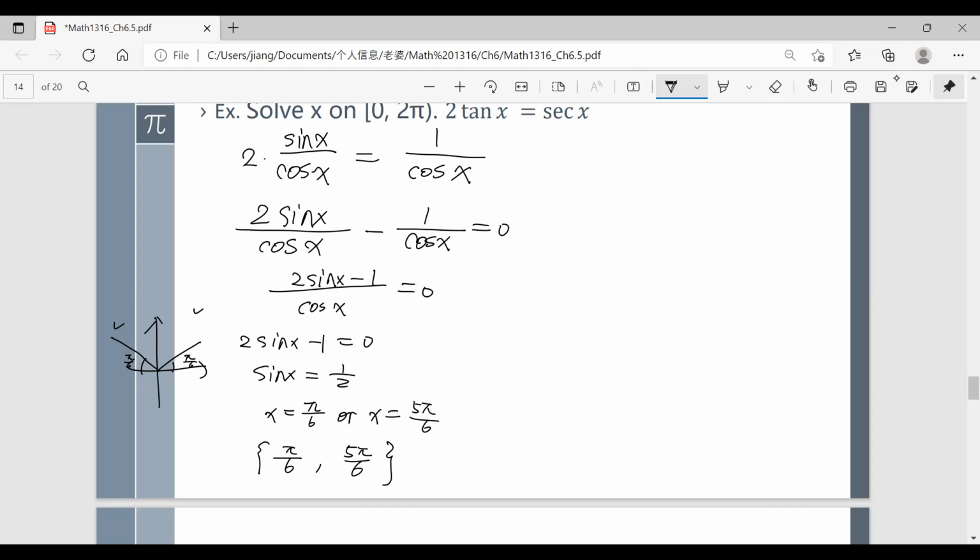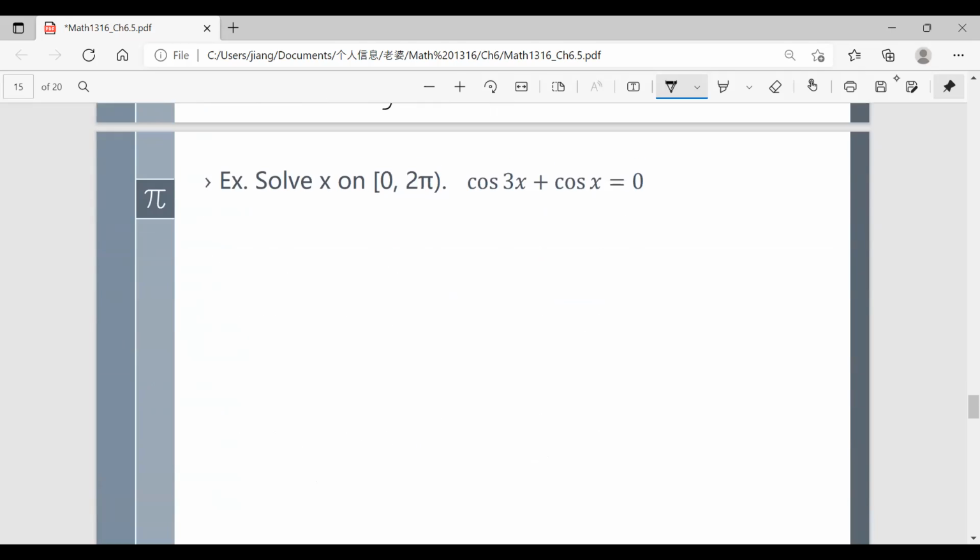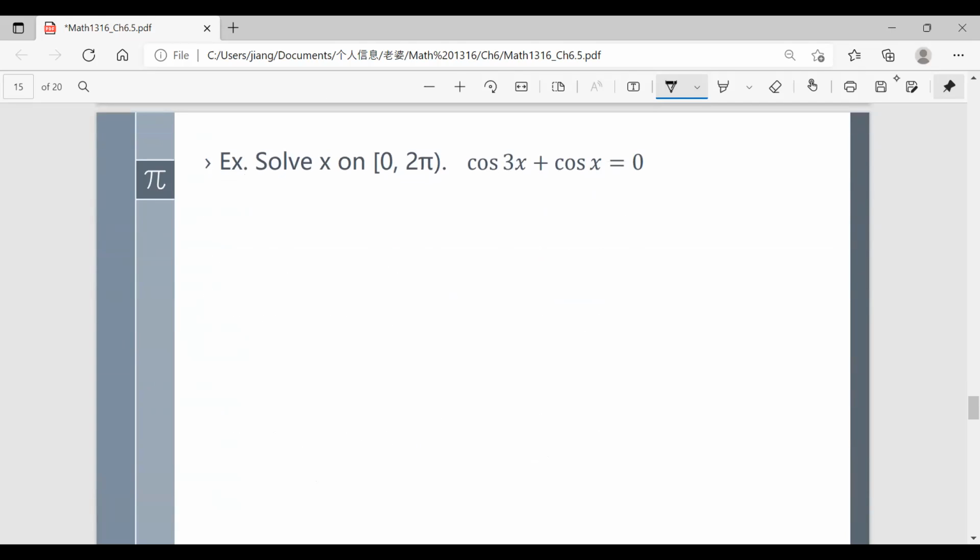Okay, let's move on to see the next one. Solve for x on the interval 0 to 2 pi. Cosine 3x plus cosine x equals 0. For this one, we can use the sum to product formula.